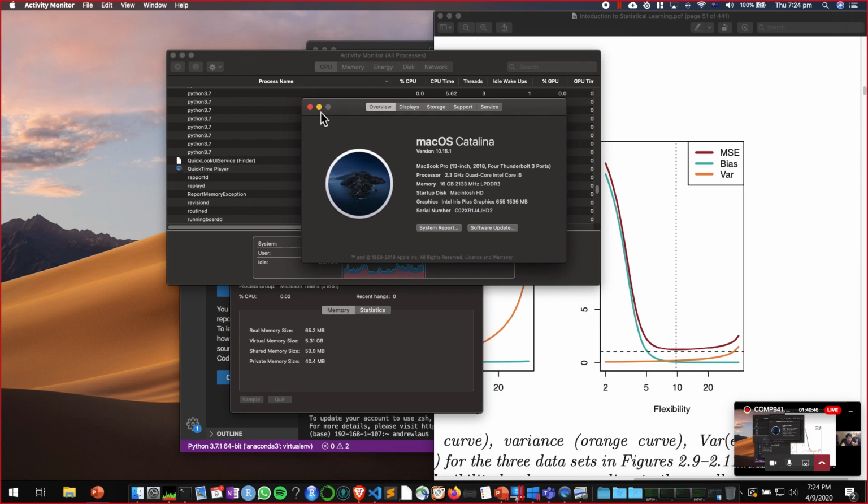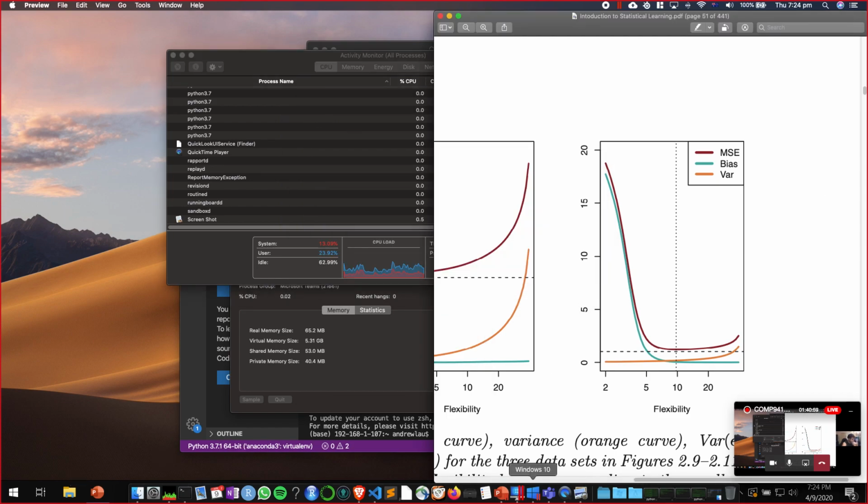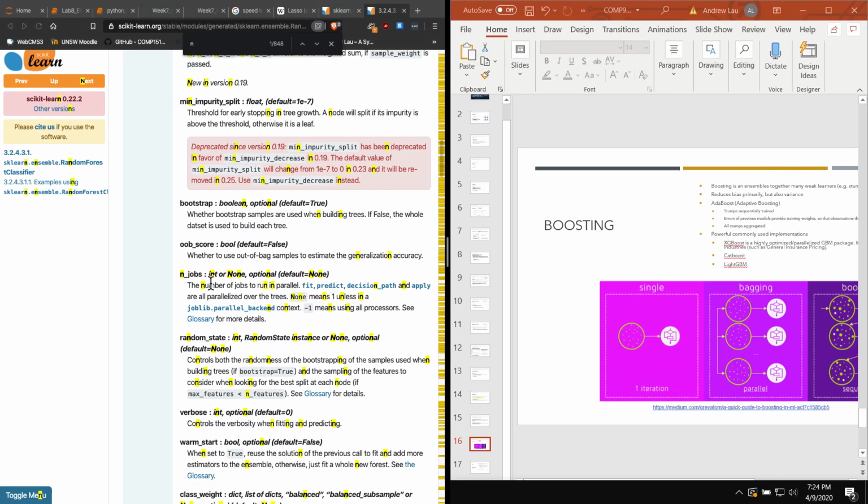So in theory, I can run eight jobs at once, or fit a model in parallel with eight workers. Of course, the only problem is if you're doing something else, it might choke up your computer, and RAM might be a bottleneck. But that's something handy. You can use n_jobs with your random forest and your bagging to make it parallelized.